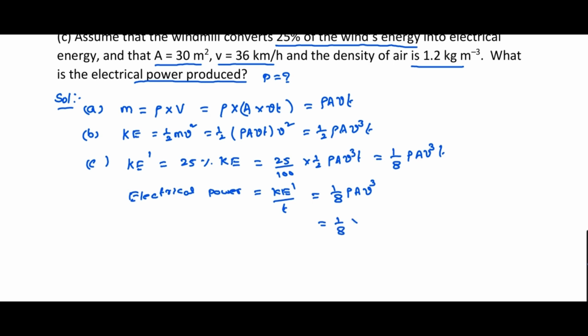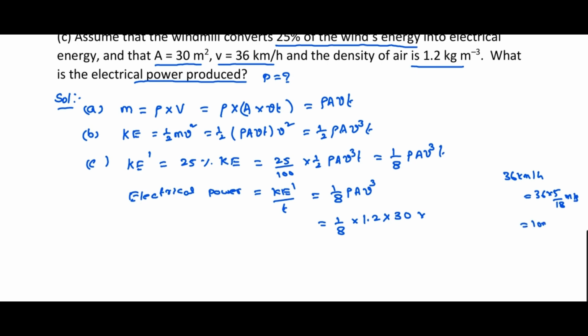So 1 by 8 into density of air, given as 1.2 kilogram per meter cube, into area 30 meter square, into velocity 36 kilometer per hour. We can write 36 kilometers per hour is equal to 36 into 5 by 18 meters per second.